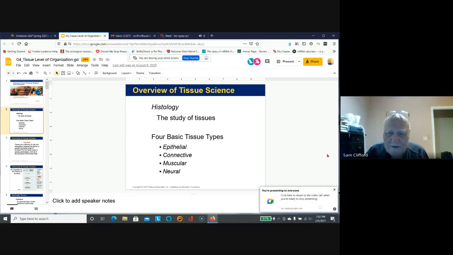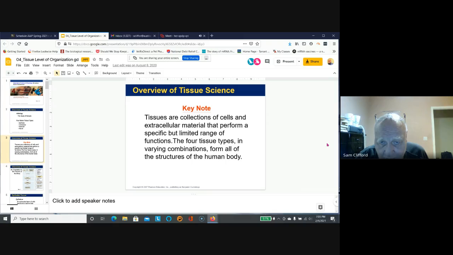There are four types of tissues: epithelial, which is your skin, the lining of your digestive system, and the lining of glands; connective tissue such as cartilage, blood, bone, and loose connective tissue; muscular tissue, which is your skeletal muscles, smooth muscles, and cardiac muscle; and then nervous tissue. We're going to focus on epithelial tissue. The four types of tissue are collections of cells with extracellular material.